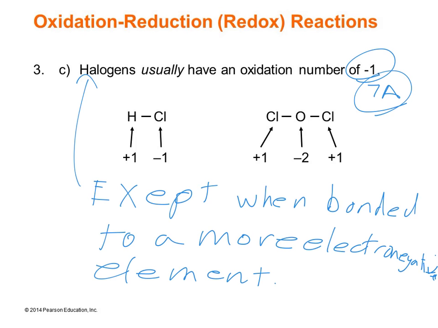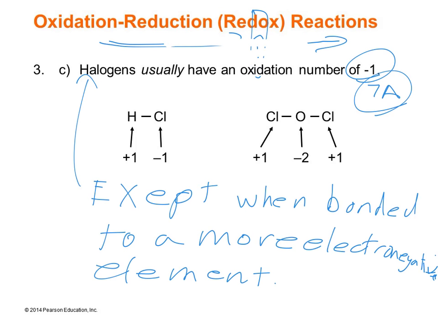Remember, electronegativity increases this way and increases this way. Since halogens are about as far as you can go over to the right, that means there's very few things that are more electronegative to them.